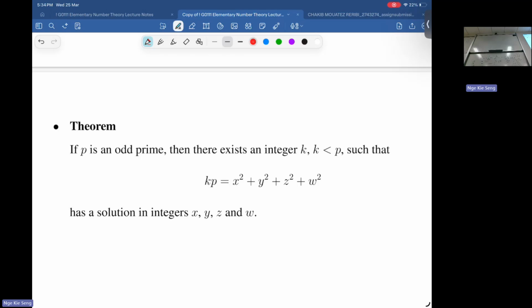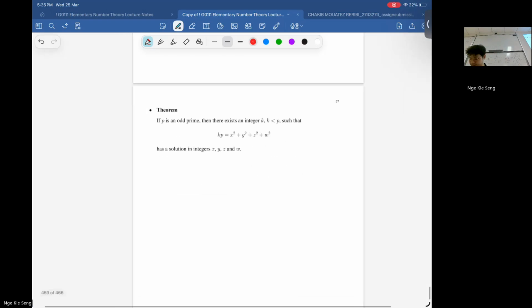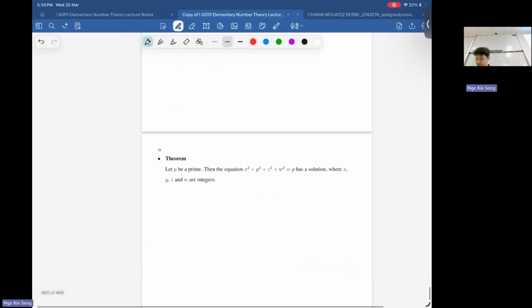So just now we proved a theorem for a sum of 2 squares. Now we also prove a theorem for a sum of 4 squares. It's very similar. We proved that a multiple of P can be written as a sum of 4 squares. Just now we said that a multiple of P can be written as a sum of 2 squares, but with a bit different condition, so you need to be careful.